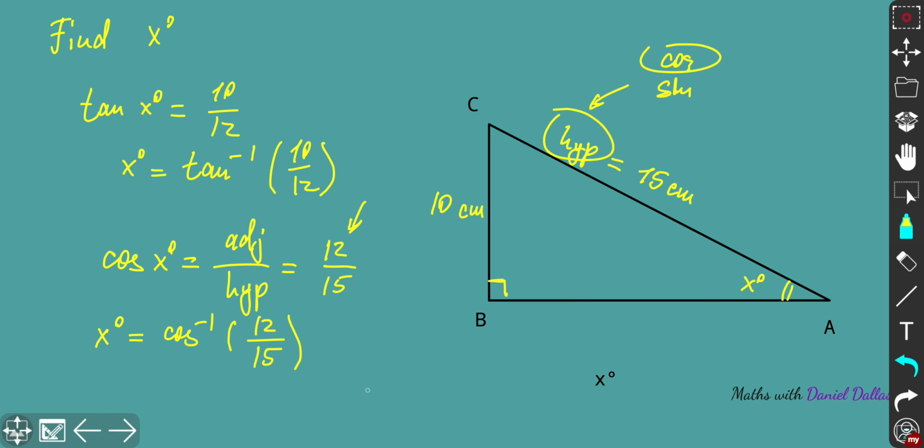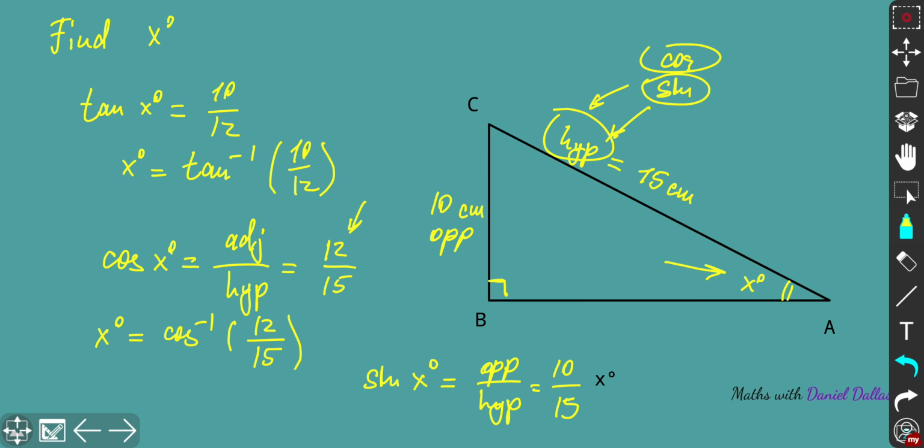In this case, to find angle X, you notice that right now, opposite to the angle X, you have the opposite side. So instead of cos, you will choose sine because you still have the hypotenuse. So you construct another trig ratio with sine X, which is simply opposite over hypotenuse, and that's how we get 10 over 15.